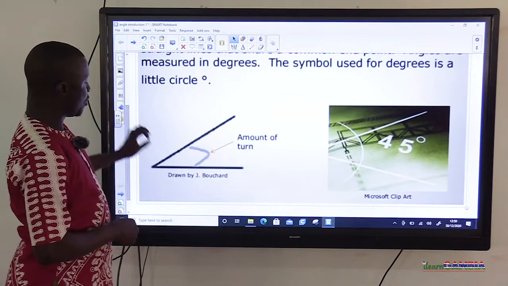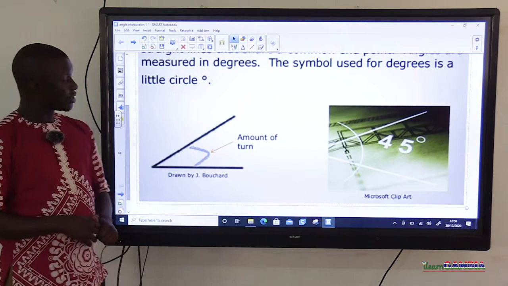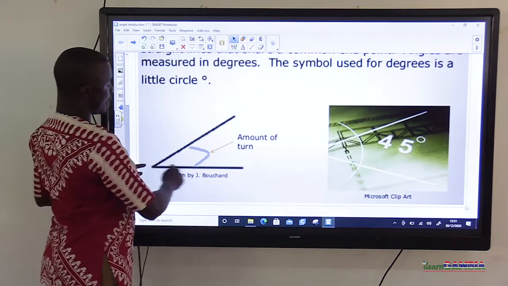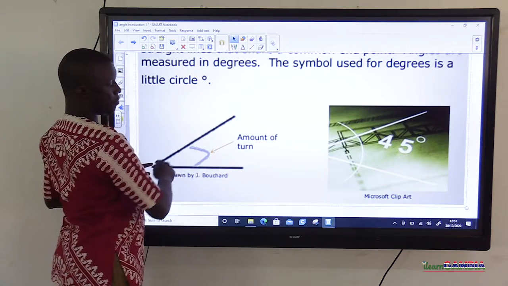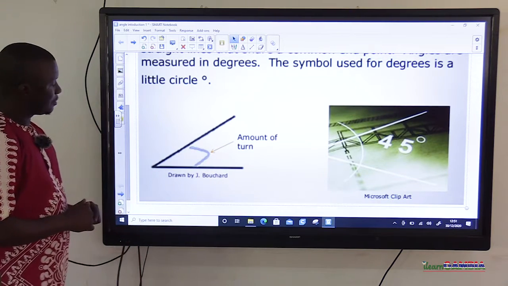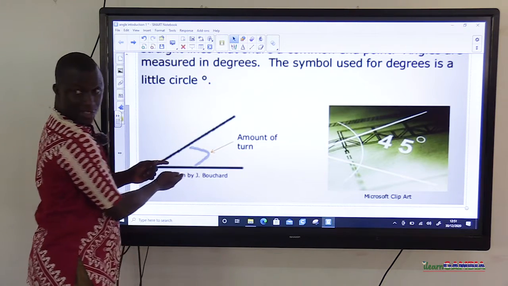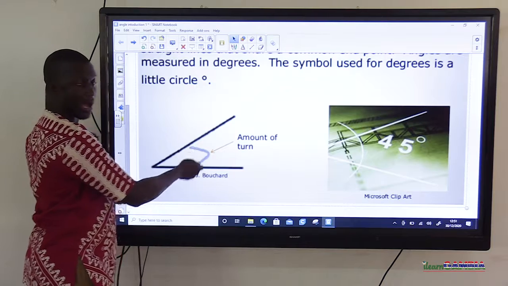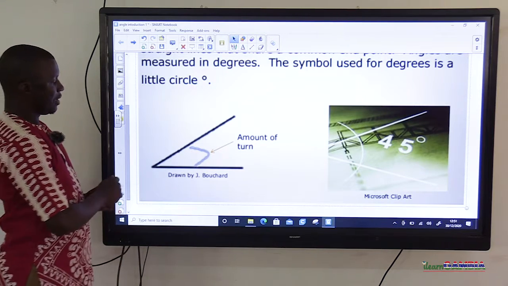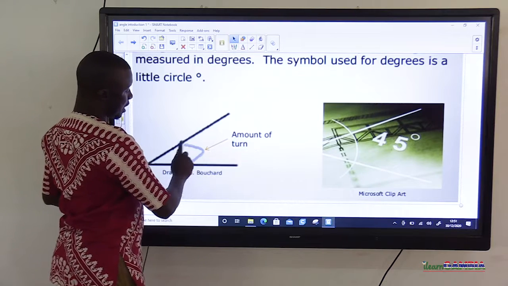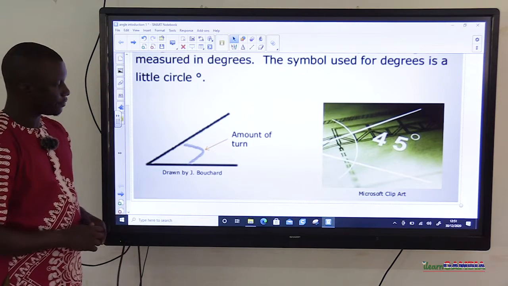And there's an example of two angles here according to the definition. These are two lines that share a common point, or a common vertex, and you can see the distance between them is the angle. This is the amount of turn from here moving upwards that forms the angle.